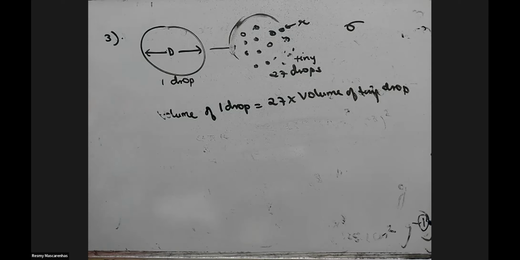The volume formula is 4 by 3 pi r cube, and I don't know why they're using r square.